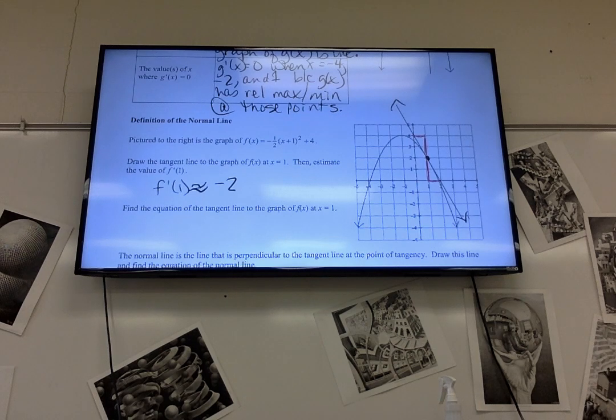We're going to quit doing this method. This is only to make us see the relationship. You will not be tested on this, but you'll be tested on knowing that the derivative is the slope of the tangent line. And this is just a way of us making that connection.